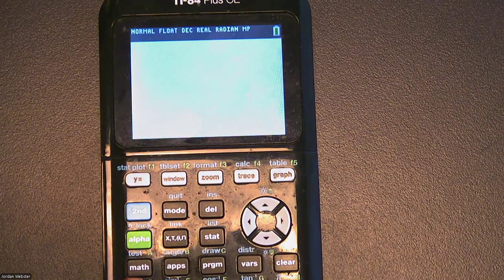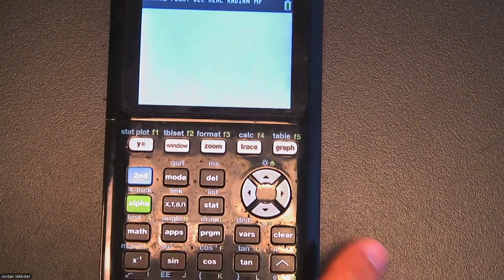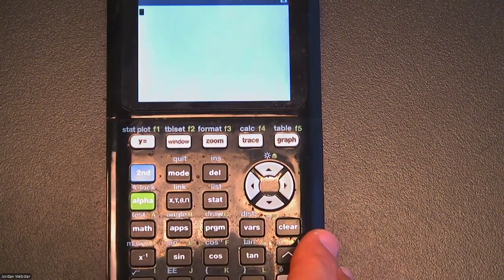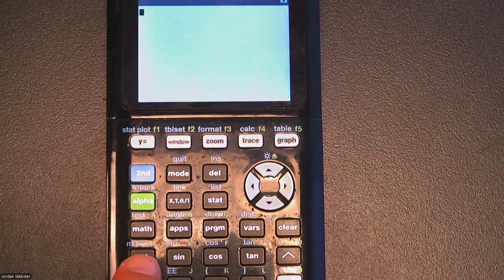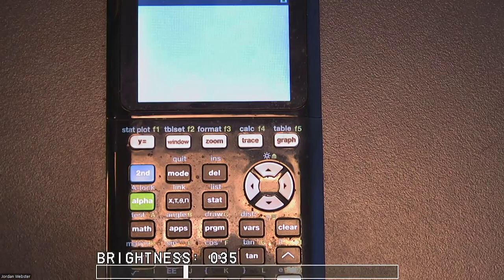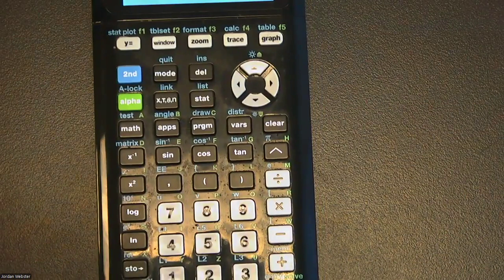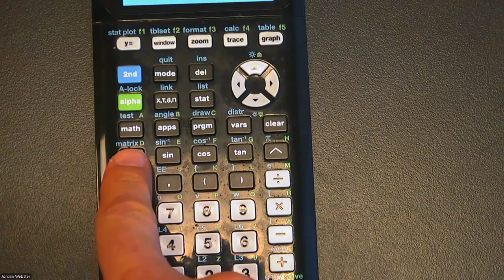The matrix menu is this inverse button after you hit the second. So you hit second and then the inverse. I get a little bit of a glare there, but it says matrix right there.